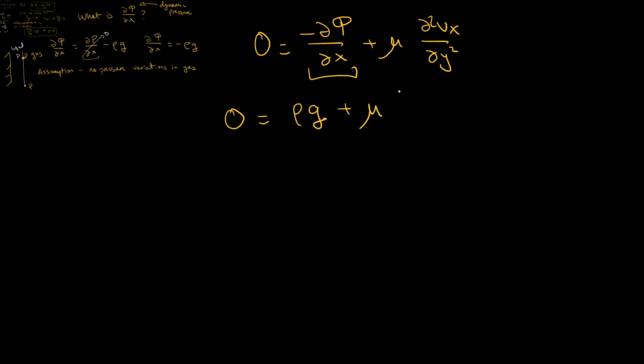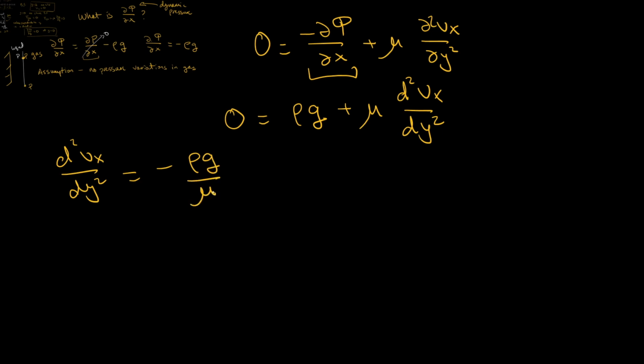And I'm also going to change these partial symbols to ordinary differential symbols, just because we know that there's only a variation of the velocity in the y direction. And now we can solve this using separation of variables by moving all the terms that don't involve the differential into one side of the equation. So I'll start over here, d squared vx dy squared is equal to negative rho g over mu.